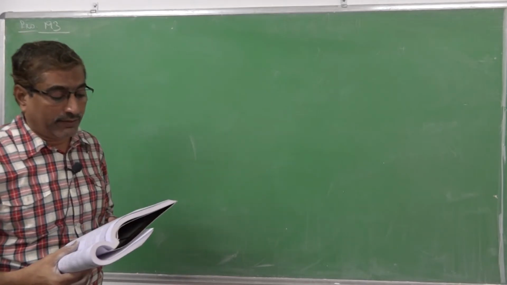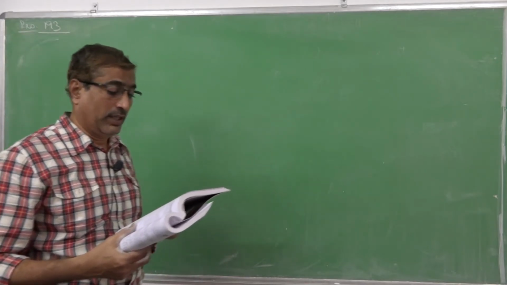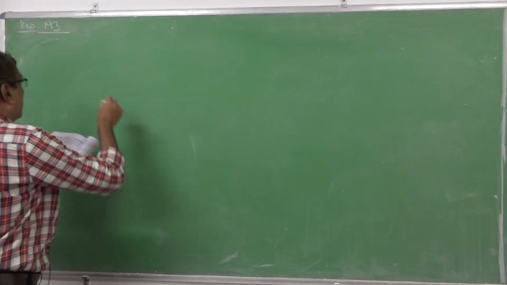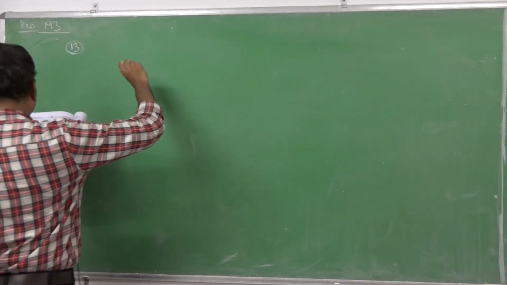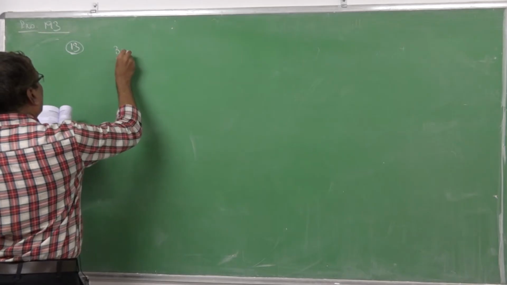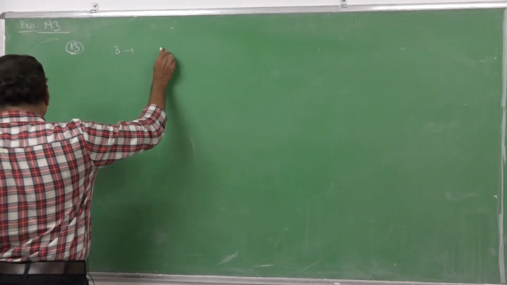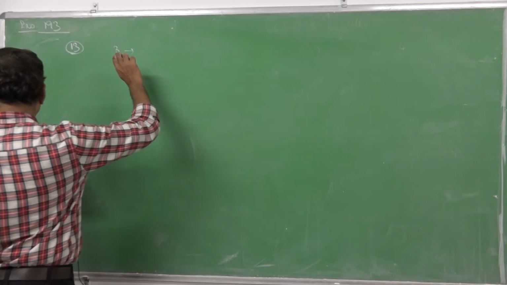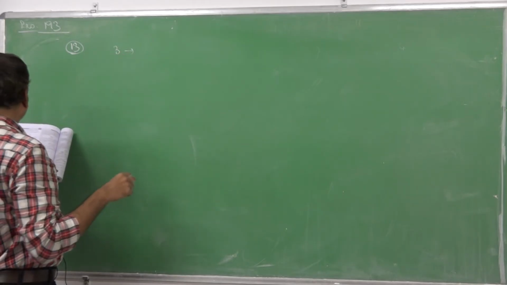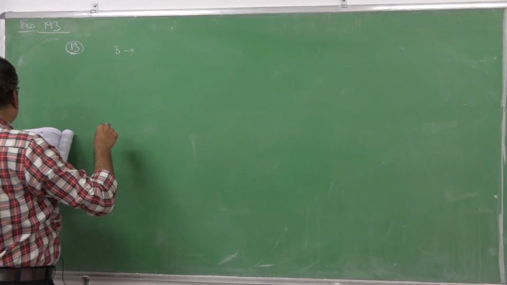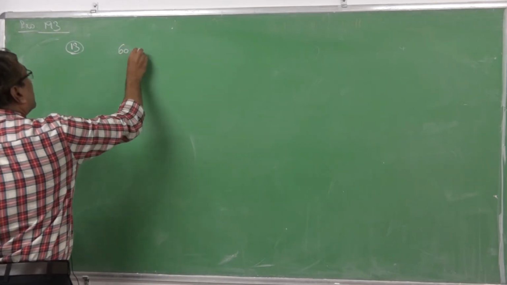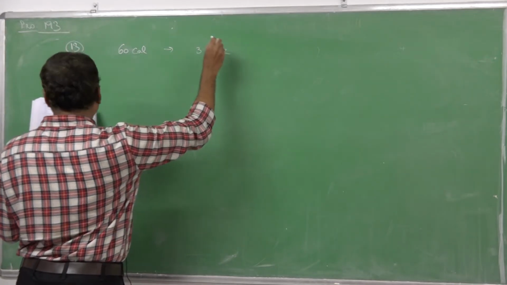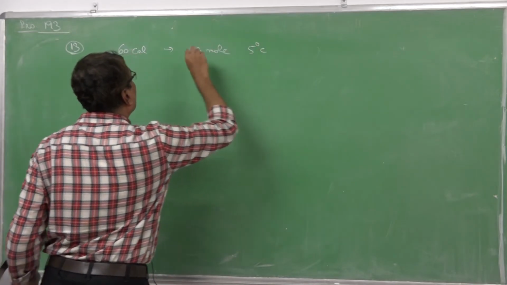Then what is the heat required for 5 moles of the same gas under constant pressure for 10 degree rise of temperature, given R is equal to 2? 3 moles of monoatomic gas, at constant volume, 60 calorie of heat is required to raise the temperature by 5 degrees centigrade.